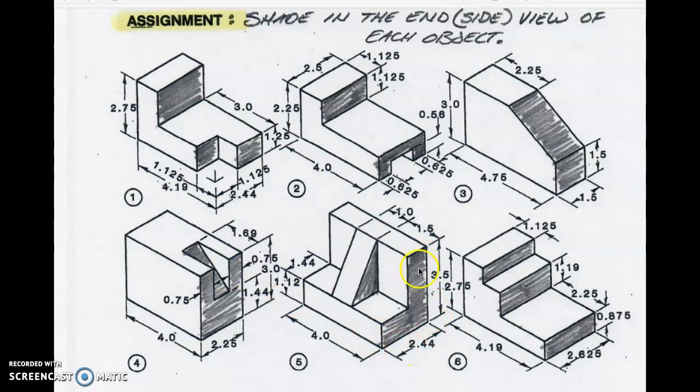Number 5 is going to have this backwards L shape with a triangle on it. And then in number 6, we have 3 rectangles stacked up. The near, that medium or middle, and that far piece. Again, if you're not sure, please ask for help.